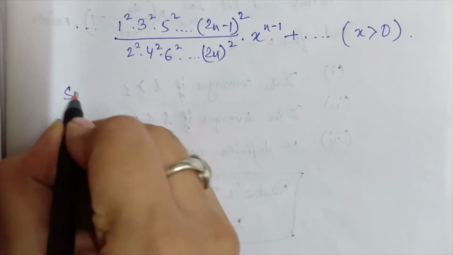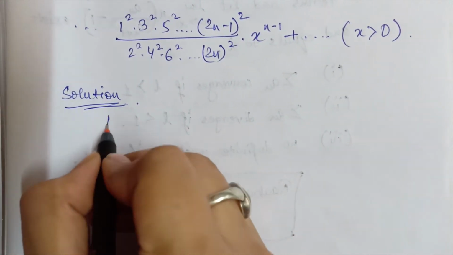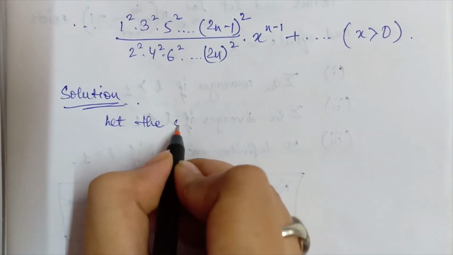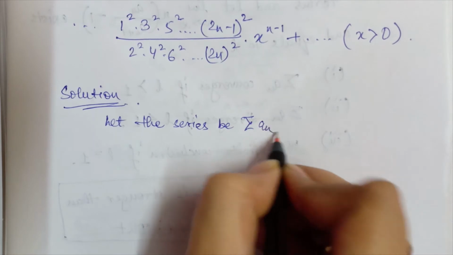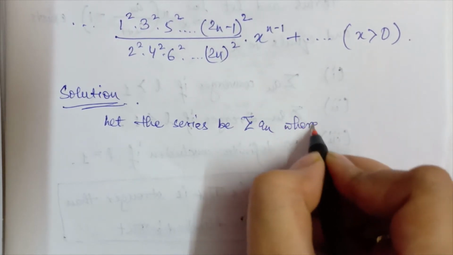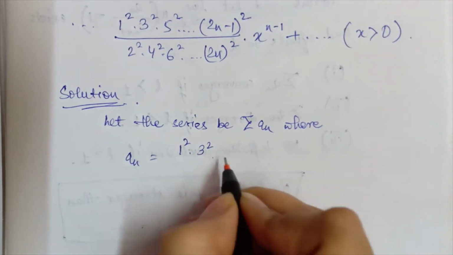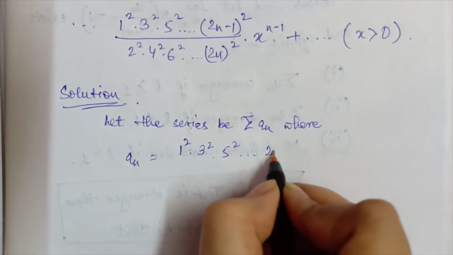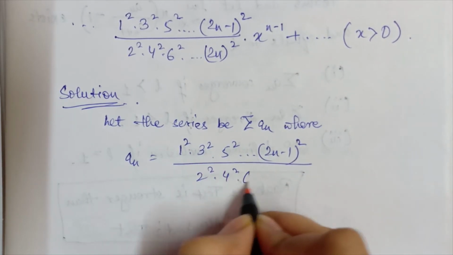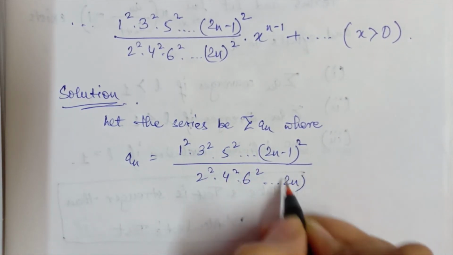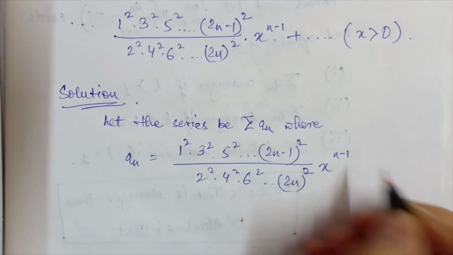So now for the solution, let the series be summation an where an equals 1 square into 3 square into 5 square till 2n minus 1 whole square by 2 square into 4 square into 6 square till 2n square into x to the power n minus 1.